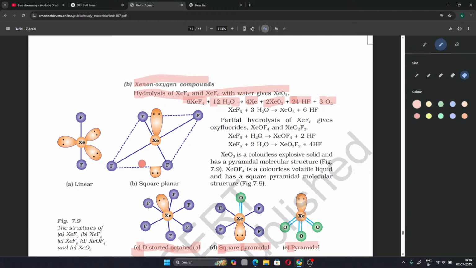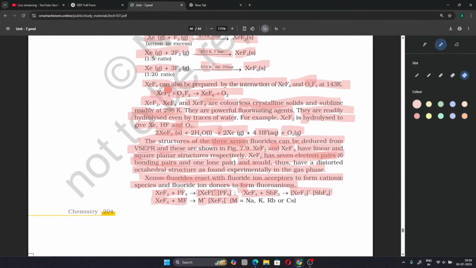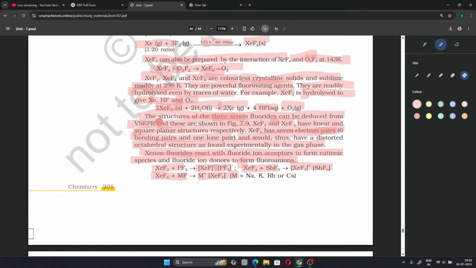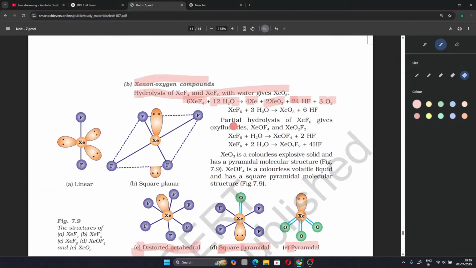Normally we saw these compounds decompose in water, where XeF2 in water completely becomes Xe, HF and O2, but here, when we have an excess amount of water, it gives xenon oxygen compounds as well.